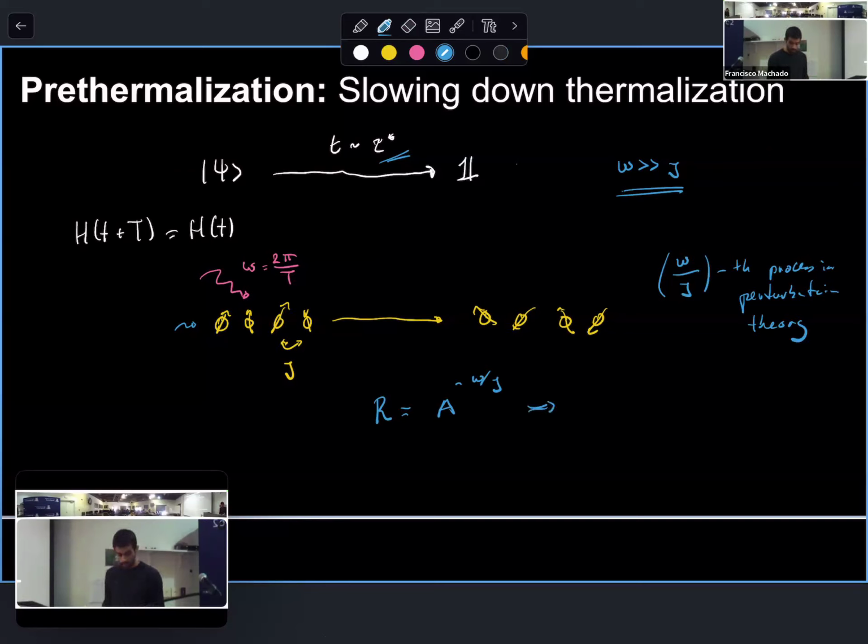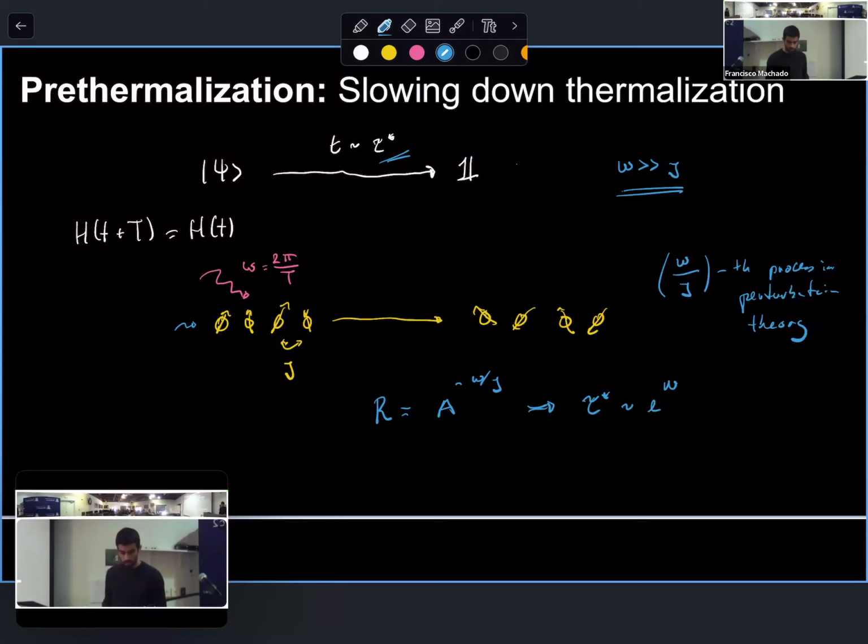And that tells me that I expect this heating timescale should go as e to the omega over J. So this is what I mean by having a way of controlling the thermalization scale of my system, because if I can manipulate the period of my drive, I suddenly can open up an exponentially large window of time before the system thermalizes.